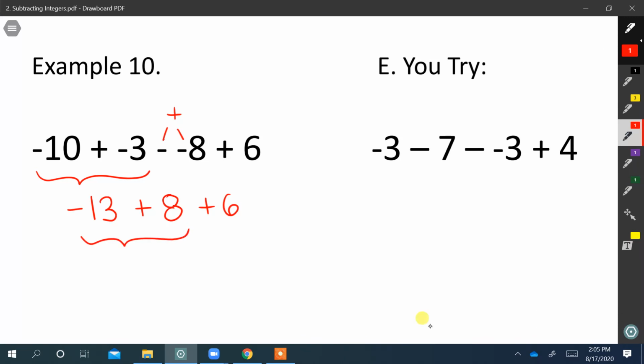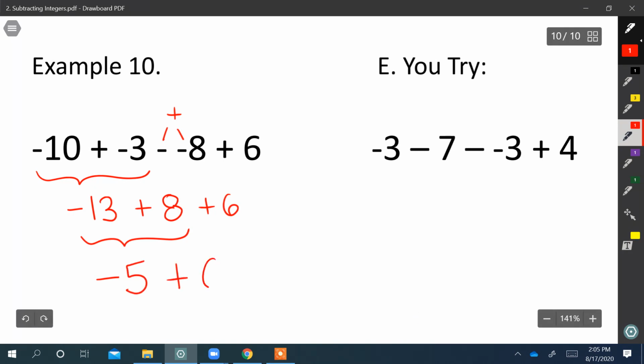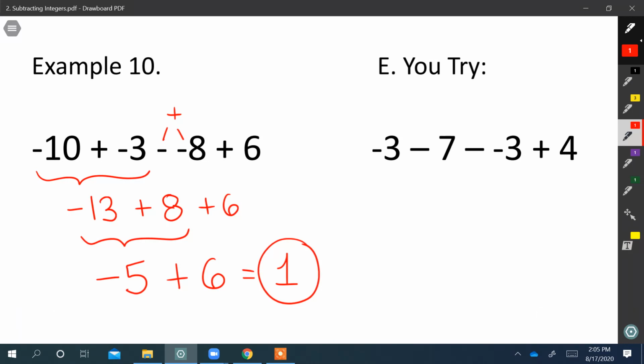That means my answer has to be negative. Okay, so 13 minus 8, that's 5. We're going to get negative 5 there. Then finally, negative 5 plus 6, that should be positive 1. Go ahead and try E.